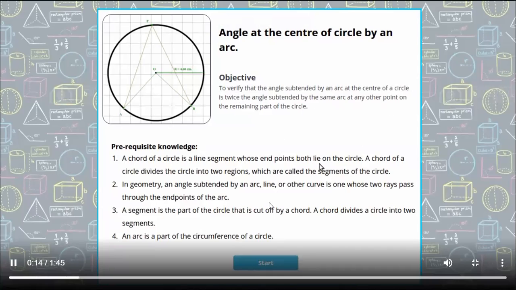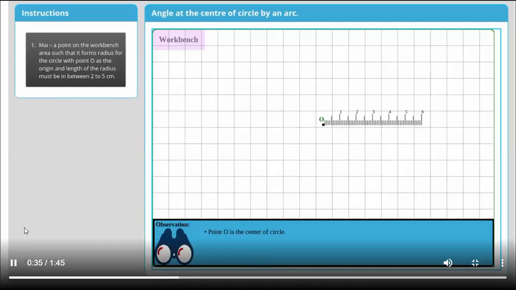Prerequisite: a chord is a line segment whose ends lie on the circle; a chord of a circle divides it into two regions. An angle subtended by the arc is one whose rays pass through the endpoints of the arc. An arc is a part of the circle. Okay, then we will start.